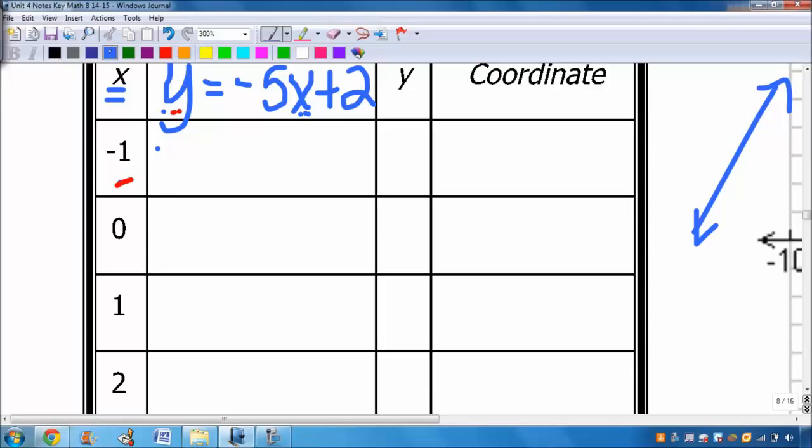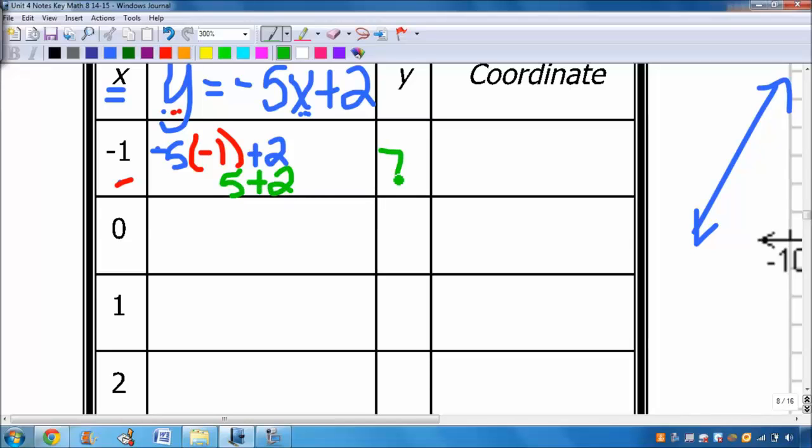So I would say y equals negative 5, and then instead of x, I'm going to replace it with a negative 1, because you're substituting it in, plus 2. Okay? And then you just have to use order of operations to figure out what the answer is, and make sure you remember all your rules for signed numbers. So negative 5 times negative 1 is a positive 5. So this turns into positive 5 plus 2, which gives you 7 right here.